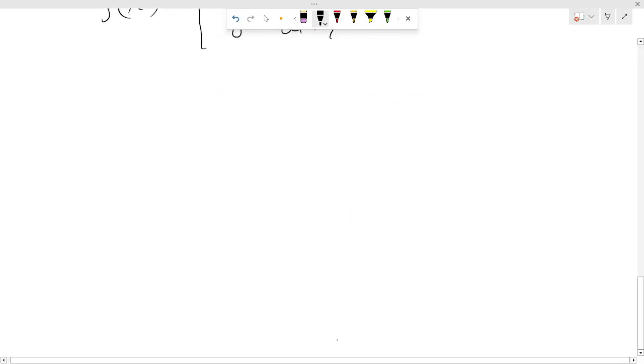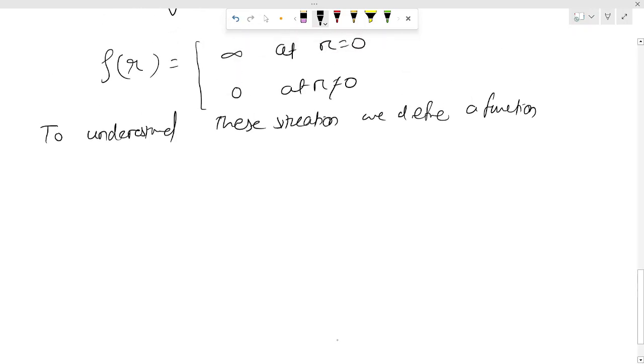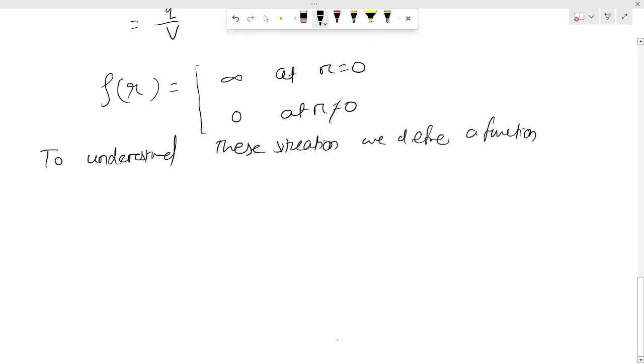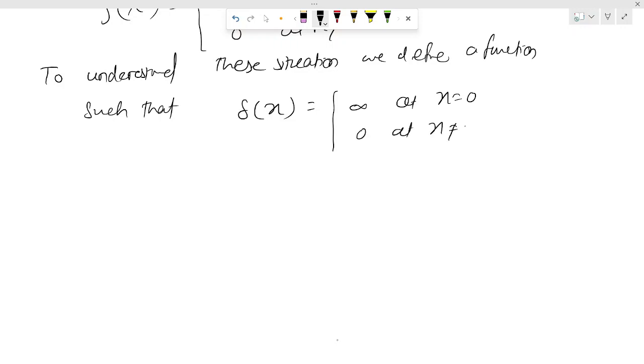To understand this situation, we define a special function such that delta x is infinity at x equal to 0 and 0 at x not equal to 0.